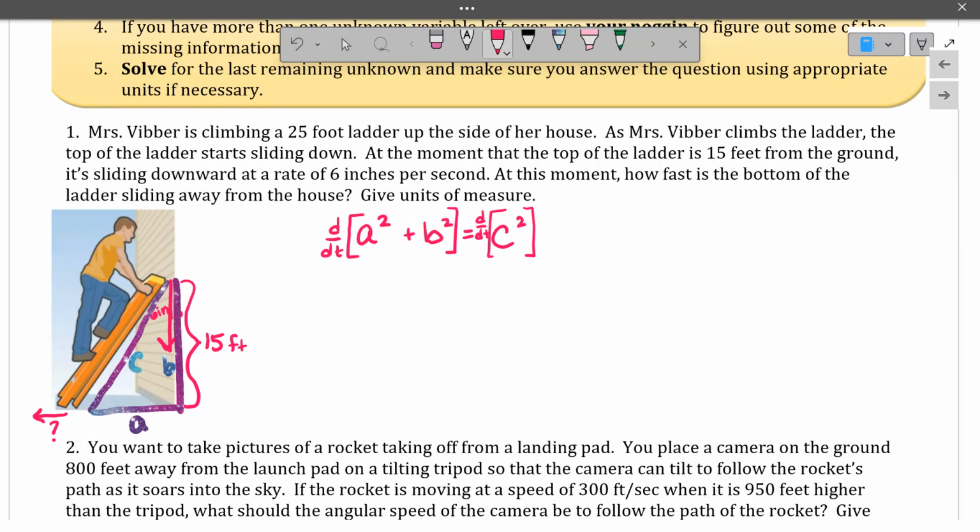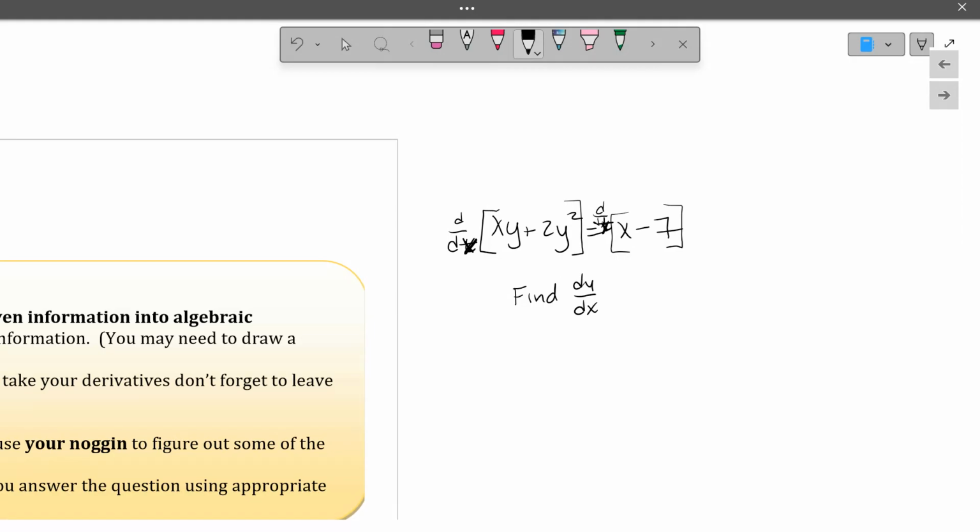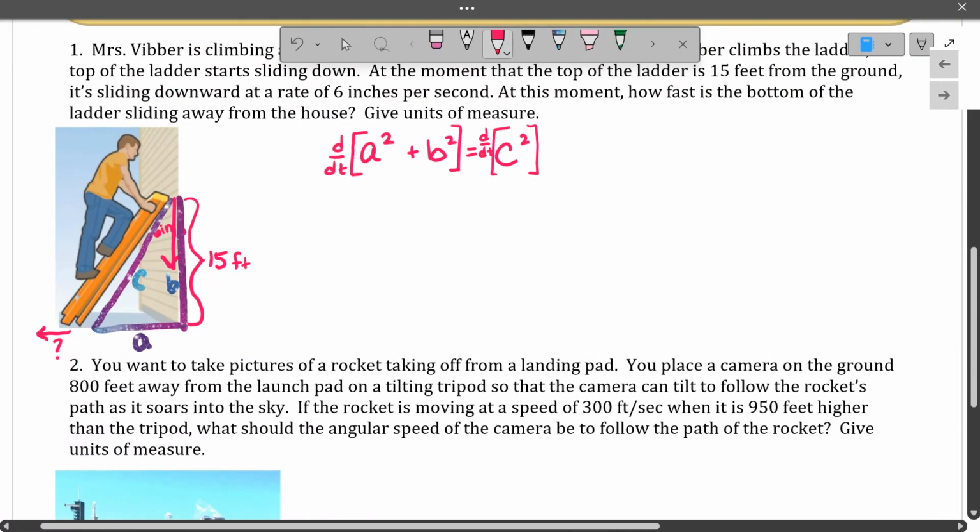Now, when we had done implicit differentiation before, when this was an x, I said anytime you take the derivative of a y, you multiply by dy dx. Technically, it's because of the chain rule, but I had said in layman's terms, whenever the letter you're differentiating differs from the letter you're differentiating with respect to, you got to leave behind dy dx. Well, the same thing is true about t.